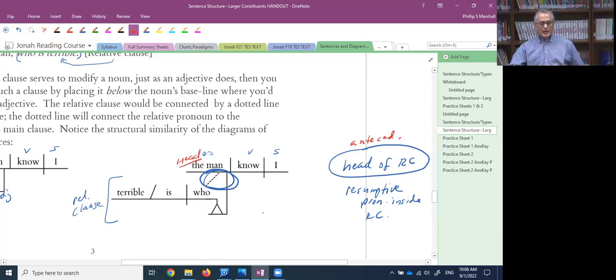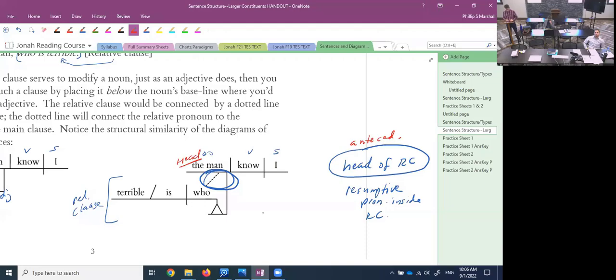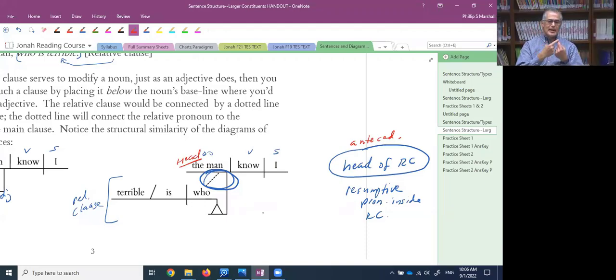Okay. And when we have a relative clause, there's always some element inside the relative clause that resumes, that refers back to the head and is identical to the head. So which word in "who is terrible" is resumptive, is identical to and refers back to the head? Who. The word who in "who is terrible" is identical to the man, right?